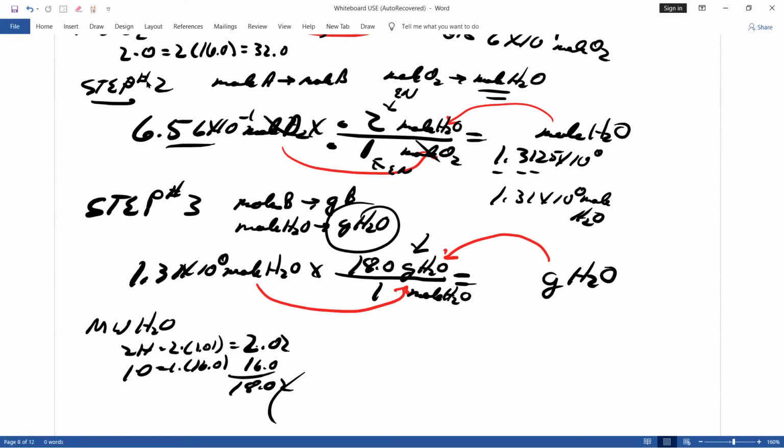Notice moles of water divided by moles of water give me grams of water, which is what I'm trying to do. So I'll multiply my answer.